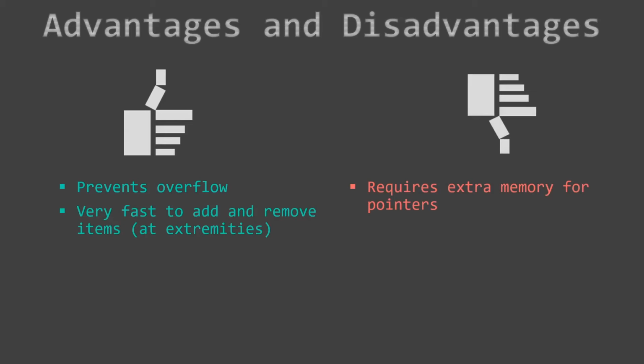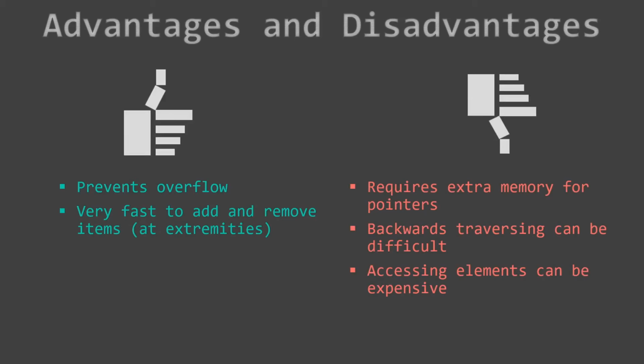If we do not implement a doubly linked list, which would occupy more memory, backwards traversing can be difficult. Accessing nodes far from the extremities can take time, since we have to walk through each node, until we reach the one we want. Last but not least, let's look at a simple implementation in C#.